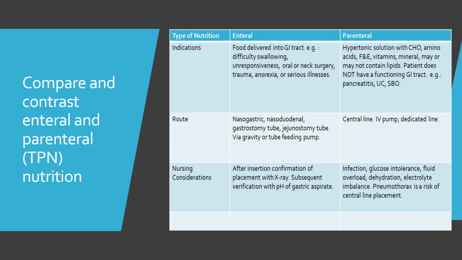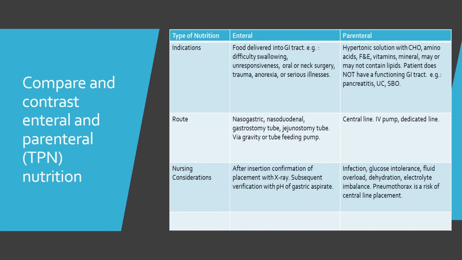So we need to do an abdominal x-ray to confirm placement of that NG tube. After that, obviously, we're not going to do an x-ray every time we need to feed that patient through that tube. So after that, we would confirm placement by verifying the pH of their gastric content.